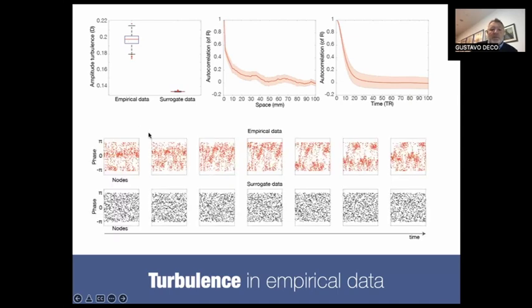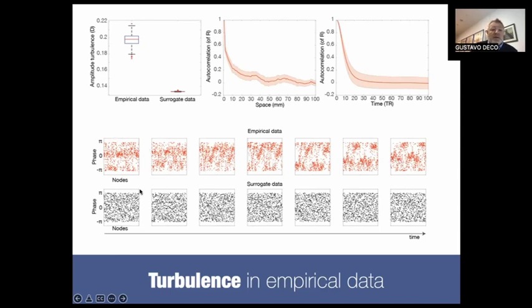Just to give you a more concrete feeling, if you take a snapshot of the phases that you can extract from the BOLD signal, by the way, we use here a very fine parcellation, the Schaefer 1000 parcellation, in order to have access to a relatively accurate distinction of the distance between the different parcels. So what you see here are the 1000 nodes of the Schaefer parcellation, the corresponding phases at a point in time for different snapshots.